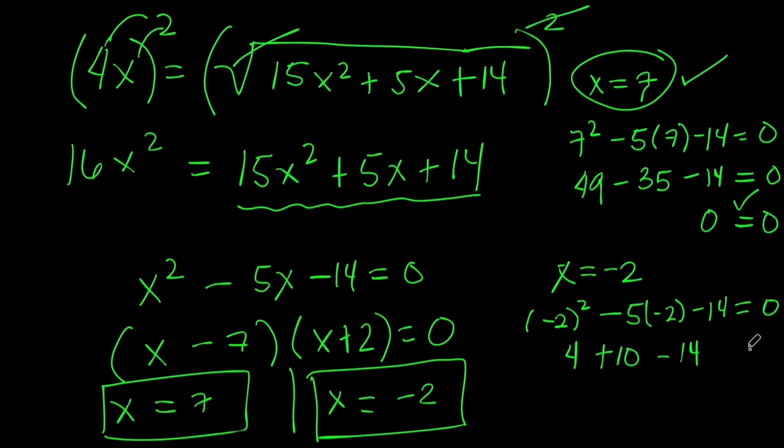Minus 14 equals 0. 4 plus 10 is 14, and 14 minus 14 is 0. 0 equals 0, and that is allowed as well. So the two solutions are x equals 7 and x equals negative 2.